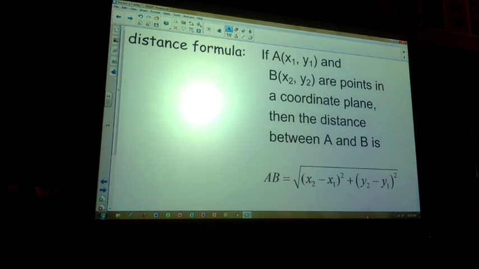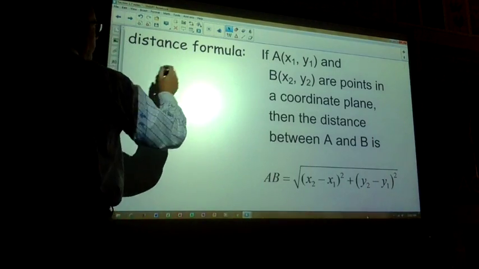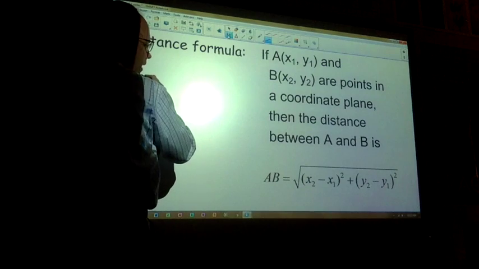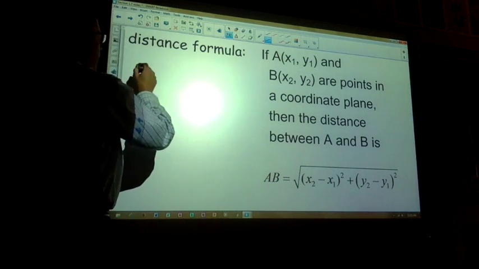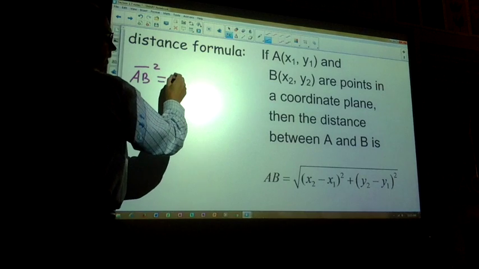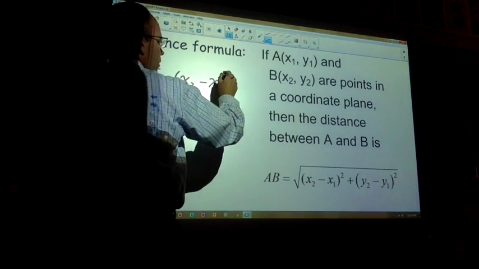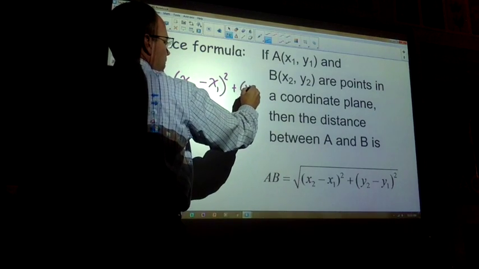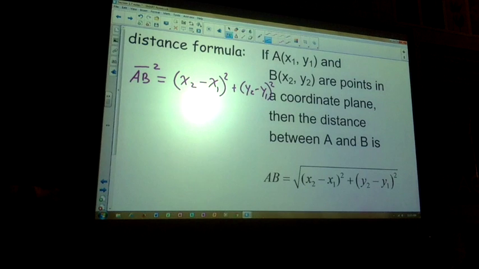Think about this. If we work this a little bit backwards, this should be segment AB. What did I just do to both sides to get rid of the radical?